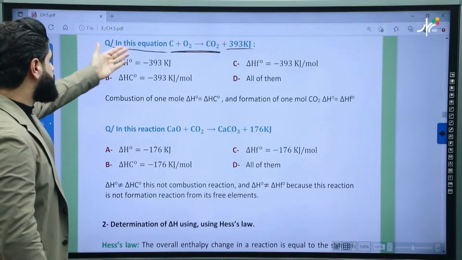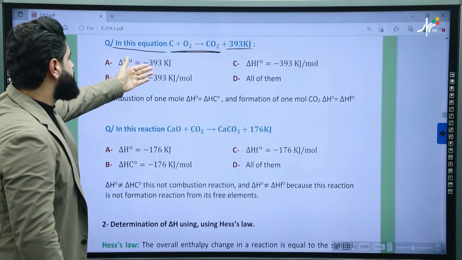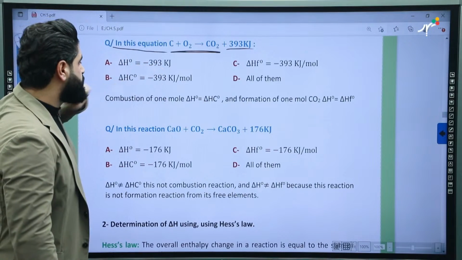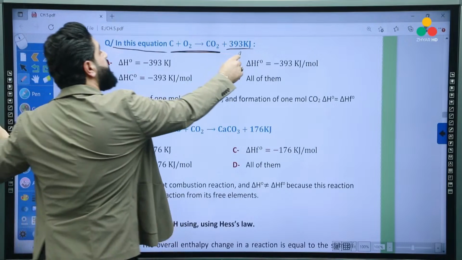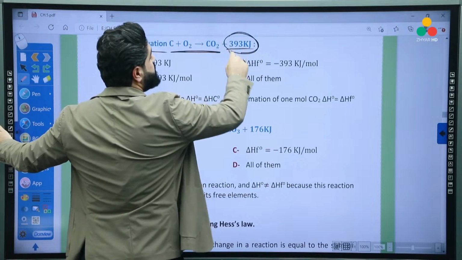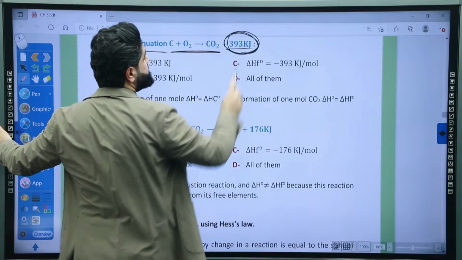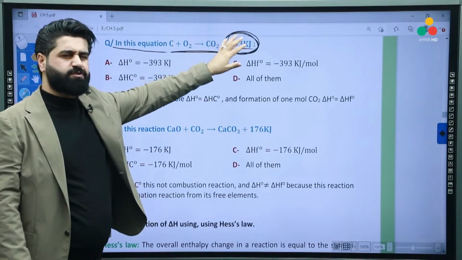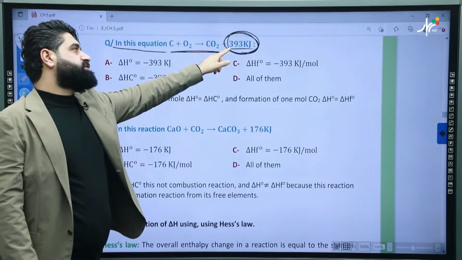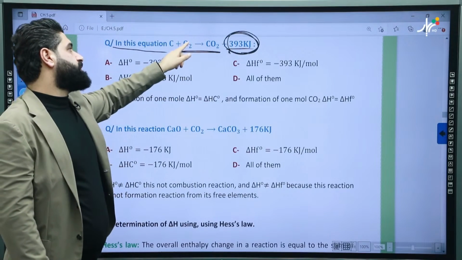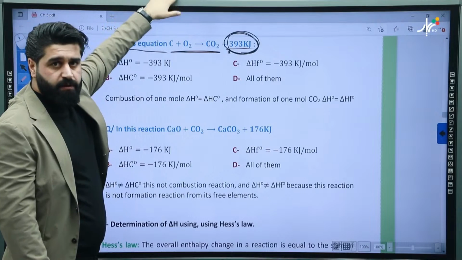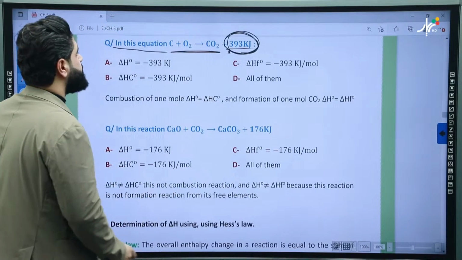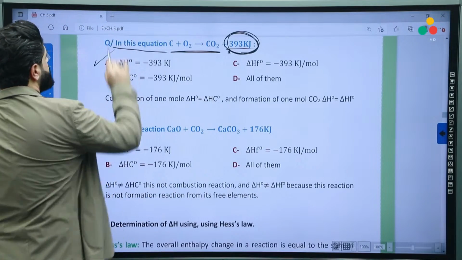Delta H equals negative 393 kilojoules. About this number, this kilojoule, what does it stand for? First of all, it's delta H without thinking. If you see this here, or here, or anywhere, it will be delta H. So the answer of A is true.